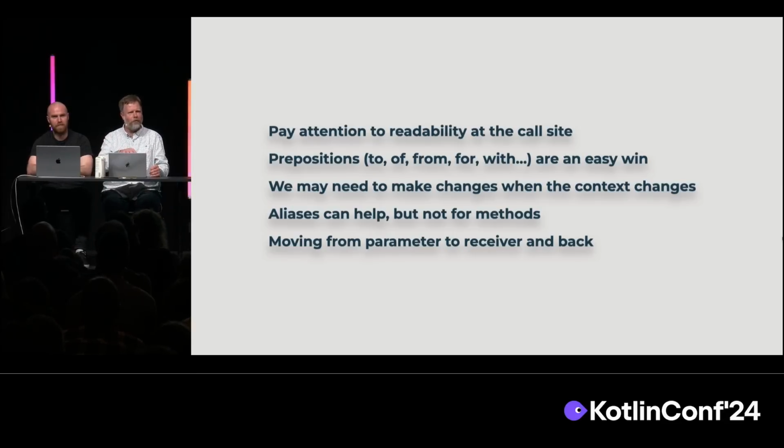So look at where code is called, and if you change the definition of something, you may need to go and visit all the places it's called, and vice versa. Aliases can help, but we can't alias methods. But aliasing standalone functions can really help. And this technique of moving a parameter to receiver and back and renaming something to and from, I think is really powerful in making our code expressive.